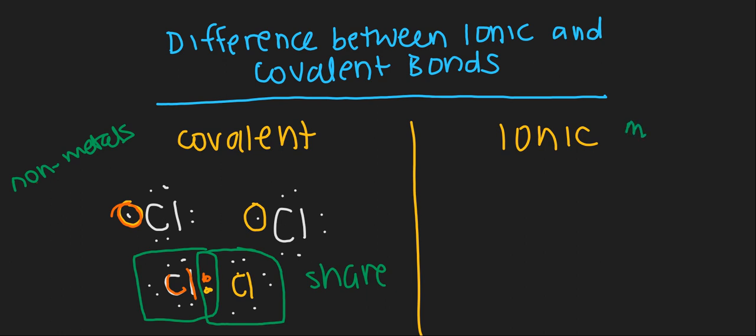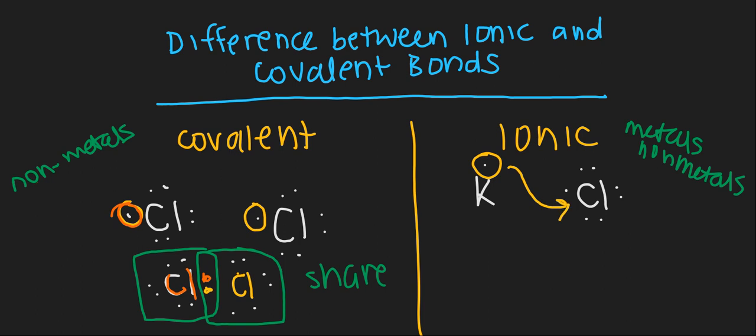Ionic bonds happen between metals and nonmetals. Because the idea is that, for example, if we have potassium and chlorine, potassium has 1 valence electron, chlorine has 7. So if chlorine takes this electron from potassium, then K, or potassium, will have a different outer shell.